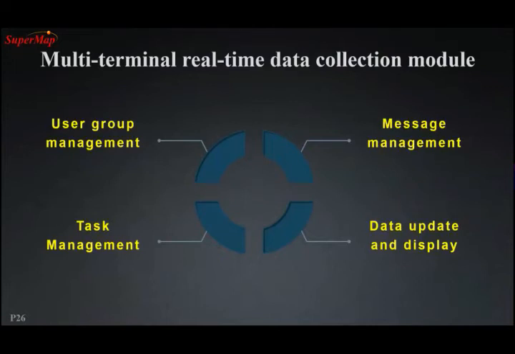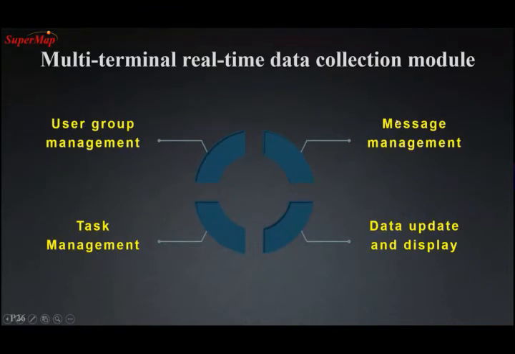So you can see the first one, we have the user group management. In this function, you can add all your colleagues. And then the second one, for the task management, the administrator can separate the work to different workers or colleagues. Then we can receive the data in this module.